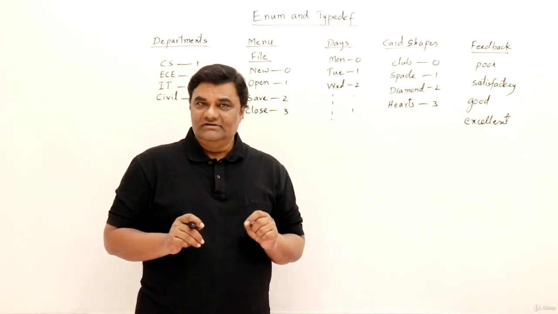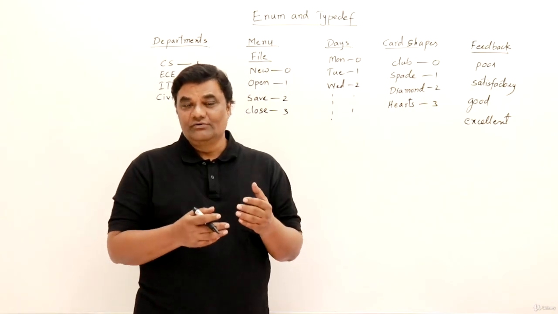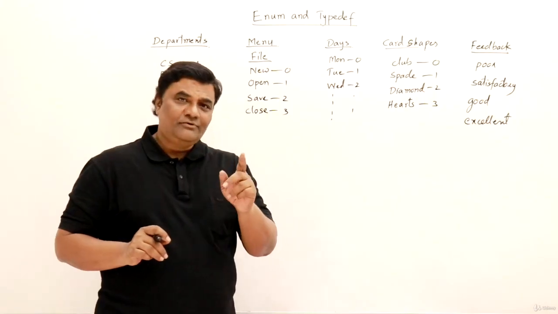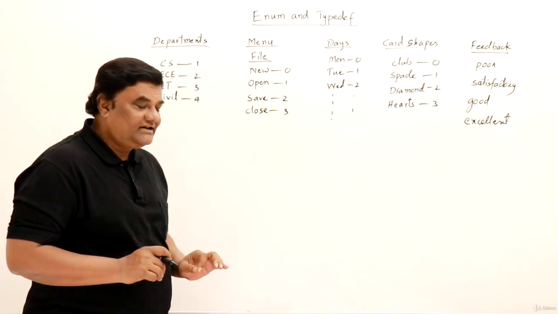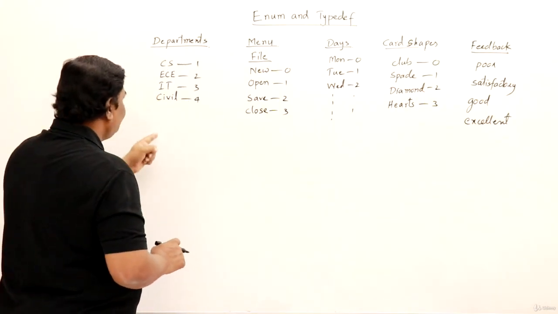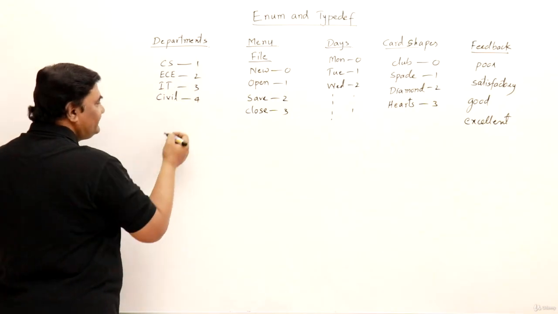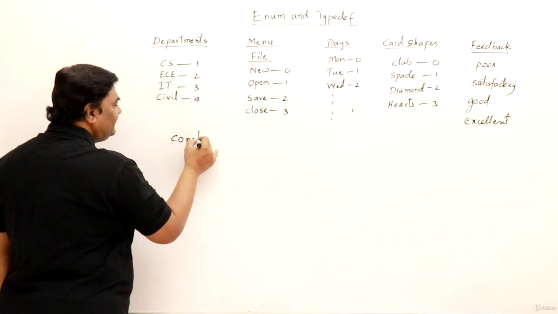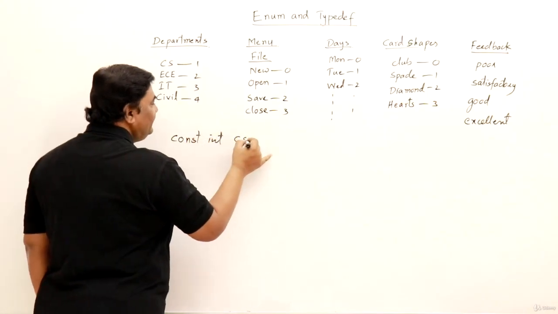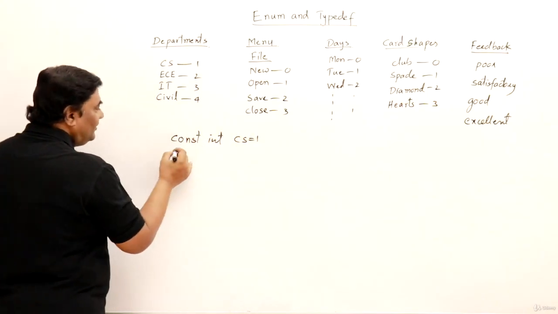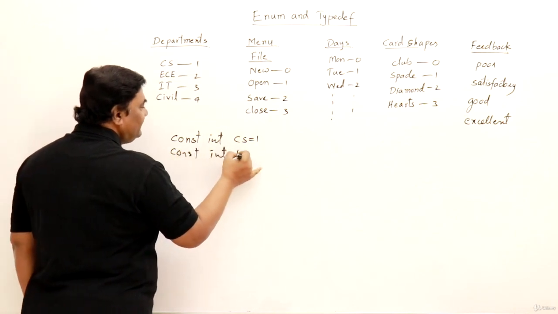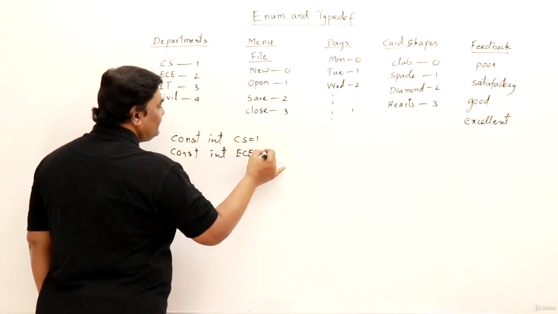Now we want to learn how we can define these codes in our programs and use them. For this, there are more than one option. The first option, I'll take the example of CSE, ECE and so on. I can define constants. I can say const int CS is 1, or const int ECE is 2.